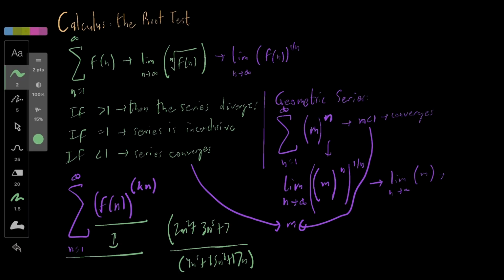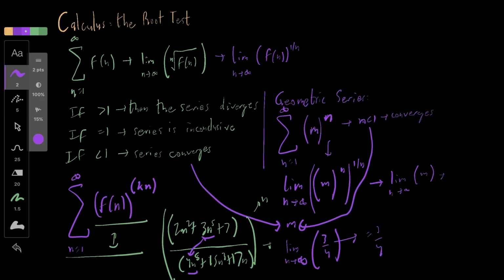So this over here, and all of this is to the power of n, this in fact becomes very simple, since by the root test our limit as n approaches infinity will just be of this function. And you see the power is the same, so by the limit rules you have 3 over 4. Basically it's equal to 3 over 4, and it's less than 1, so we know it converges.